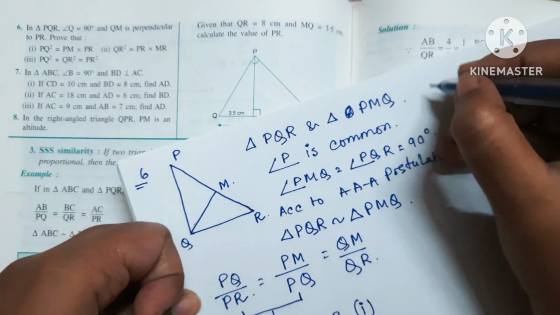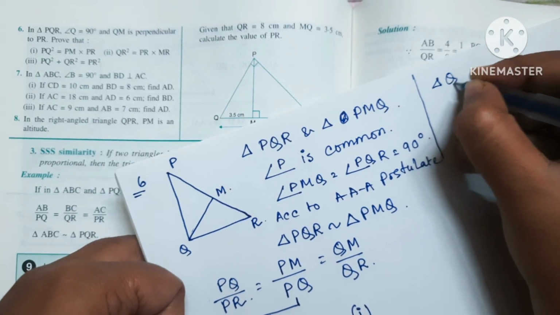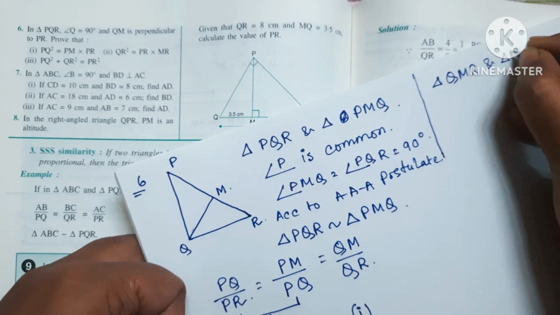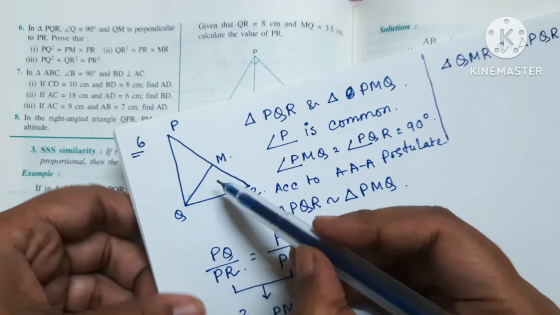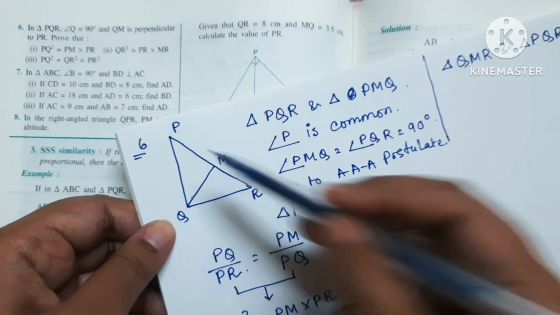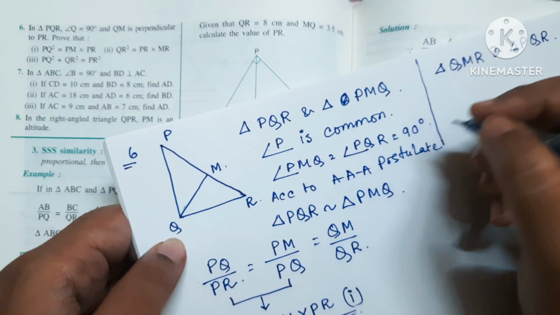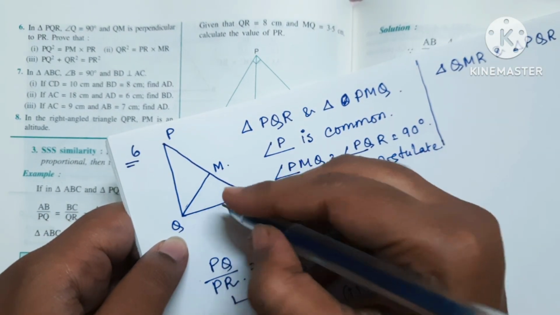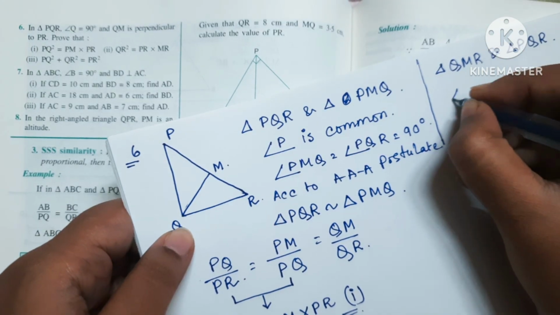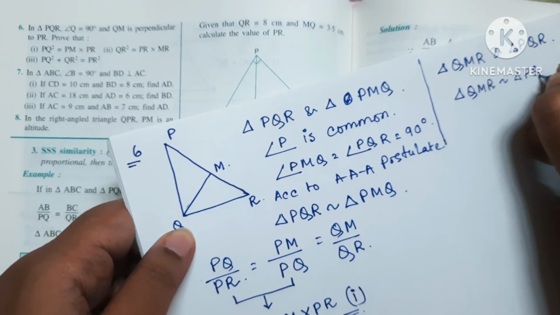Next part, again you have to consider two triangles, QMR and the bigger triangle PQR. So they are also similar for the same reason. R is common and a 90-degree angle is there. So the same way you can prove this one is similar to PQR.